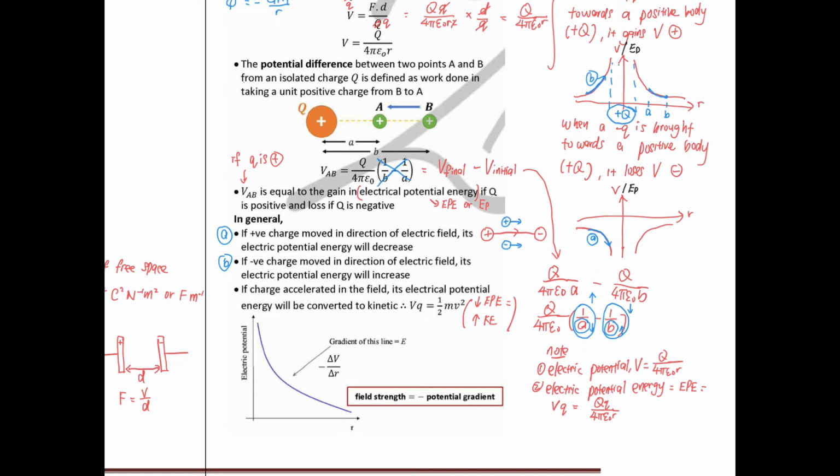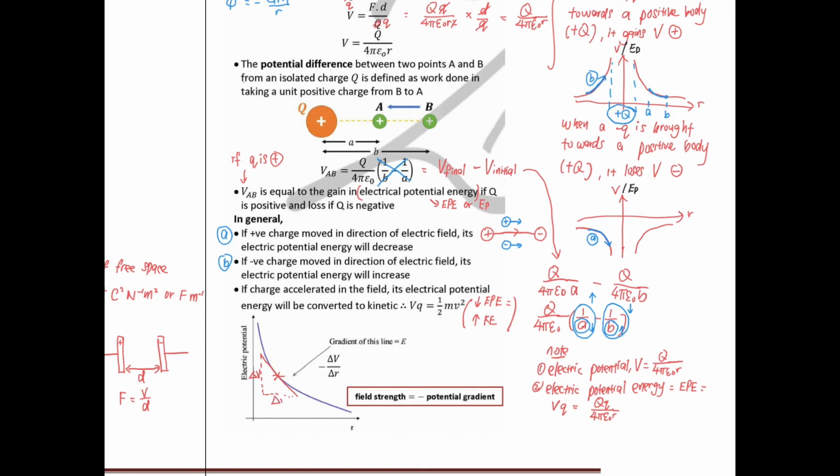Let's see what information is given here. We can find the gradient of this graph. To find the gradient, imagine I have to draw a tangent. Let's say I want to find the gradient here, and then I draw a tangent. Then you have to get the change in V, which is here, and the change in R, which is here.